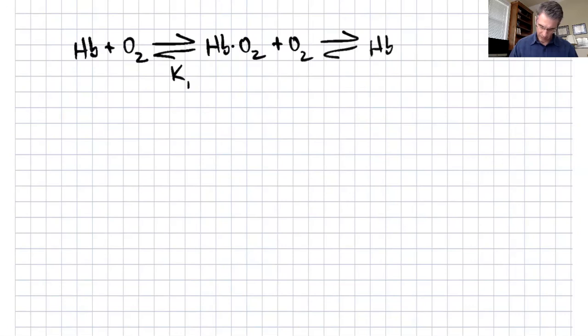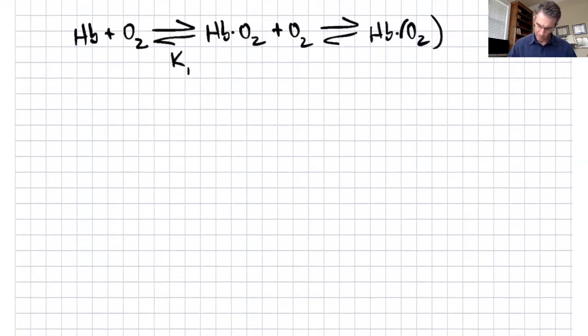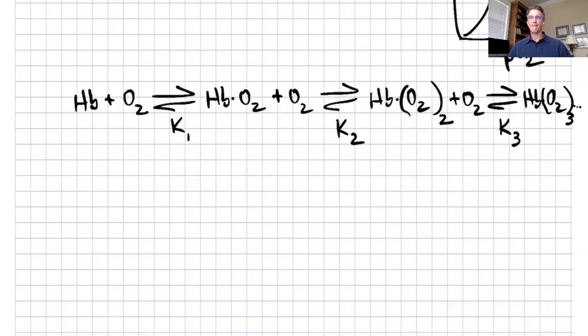Okay, and then we can add another oxygen. And so now we're going to have hemoglobin O2 2, K2. Okay, and then we can do another one, right? Hemoglobin O2 3, and we could do another, and we get K3, right?